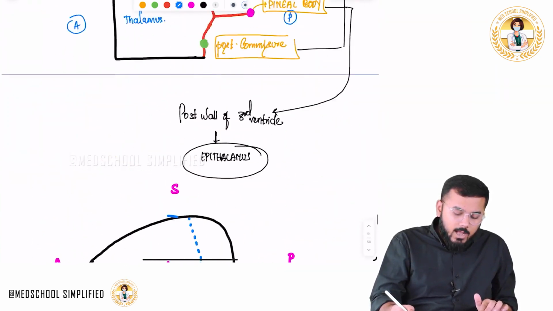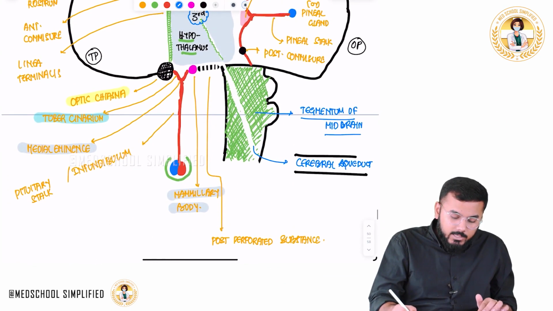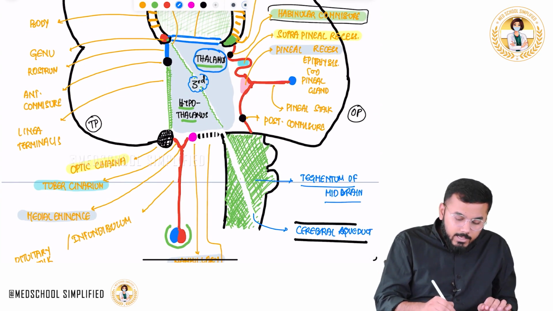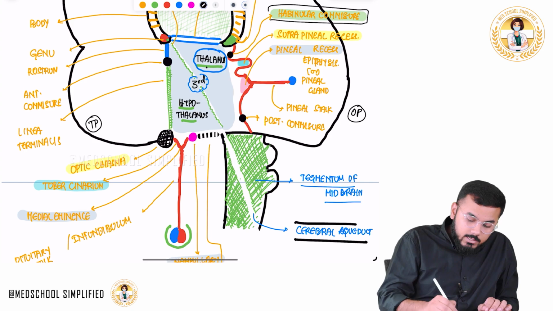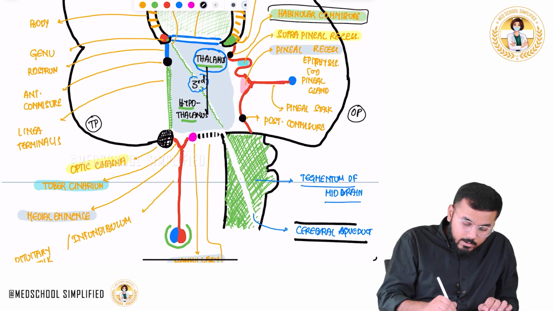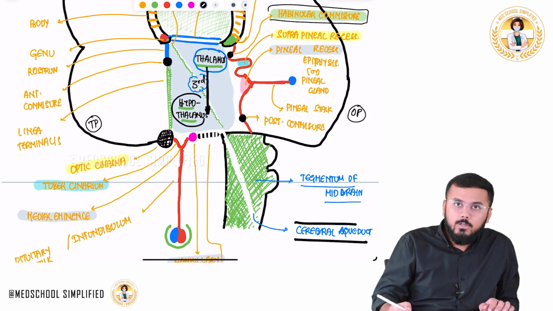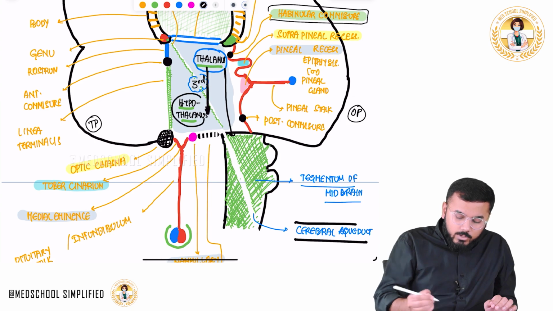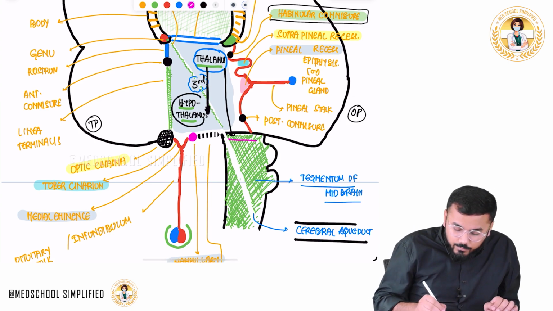Second important, after this hypothalamus, what do you have inferiorly? If you look at this as a thalamus, the inferior wall of the thalamus, if I am putting a line all the way down here, you have got your hypothalamus, right? Second important thing, if I am putting a line all the way down here, this part is projecting towards this part of the midbrain.